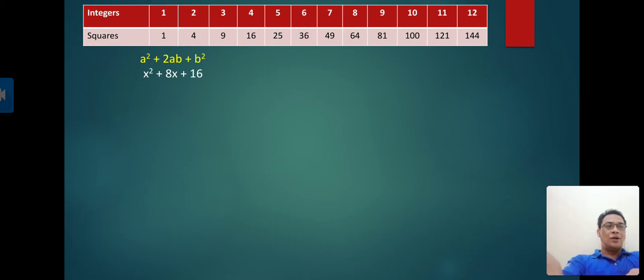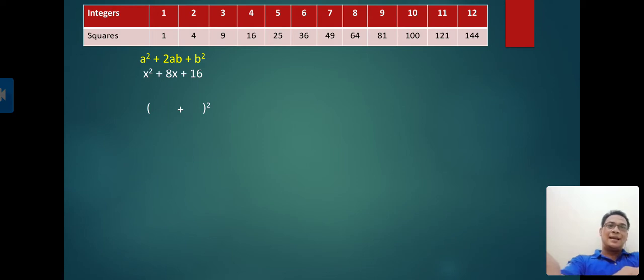What could be the first step? Make a parenthesis and raise it to the square. Second step, copy the sign of your second term. Your second term is positive 8x, so the sign is positive. So we have here positive.